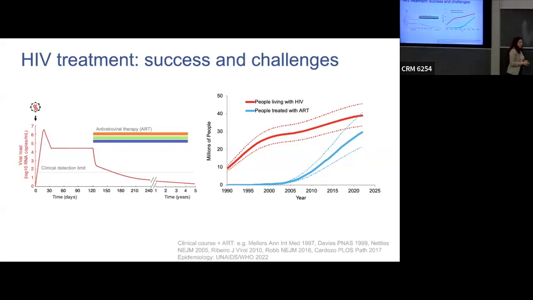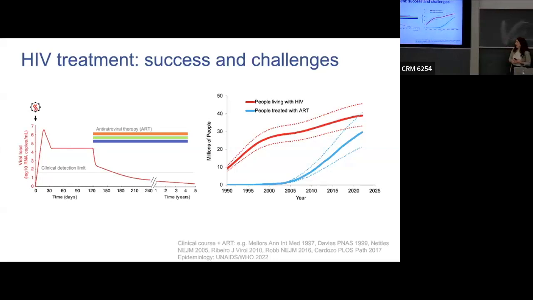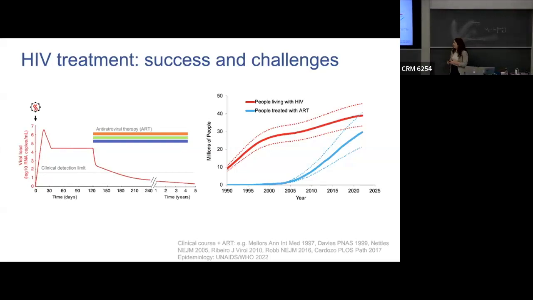And it's really a huge logistical challenge to provide therapy to this many people all around the world, many of whom are living in sub-Saharan Africa or in other parts of the world where healthcare infrastructure is very limited. And actually, a lot of this progress is really due to a lot of advocacy, a lot of public health work, and a lot of donors, both from private agencies like the Gates Foundation, which funded a huge amount of this, as well as governments all around the world.